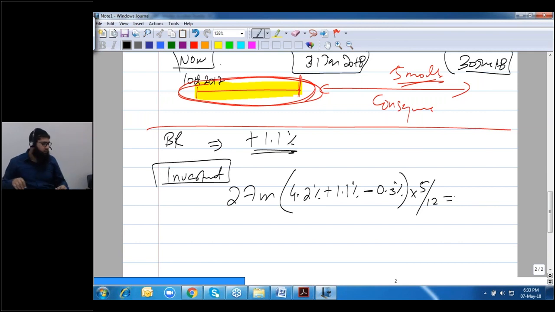How much is it? Okay, you don't have the money right now. You will have the money after 4 months, so you don't have the money right now that you can invest.